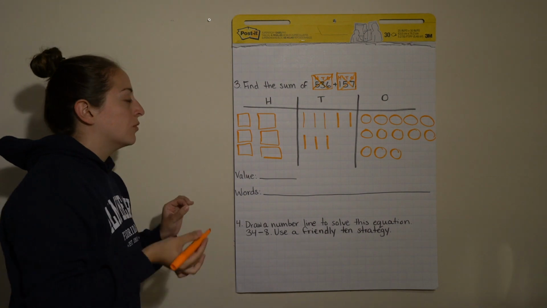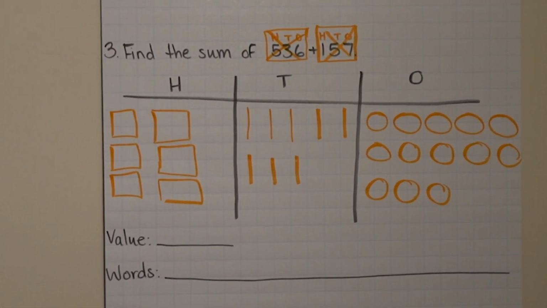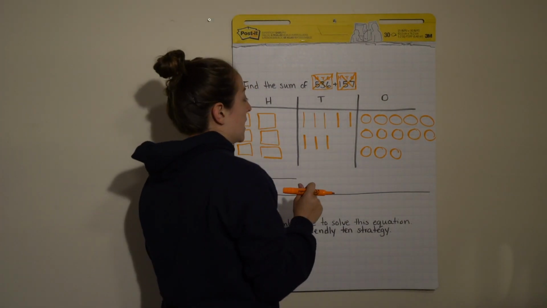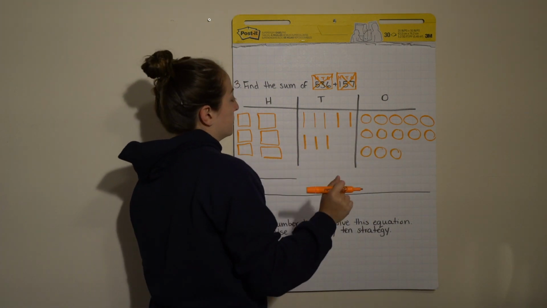Now let's see if we can regroup. So you're going to take the time to do that. Okay, so looking at my 1s and 10s, I can see that I can regroup my 1s, but I can't regroup my 10s.